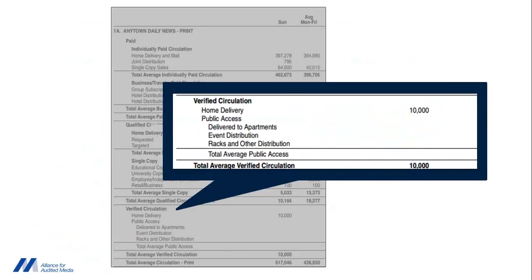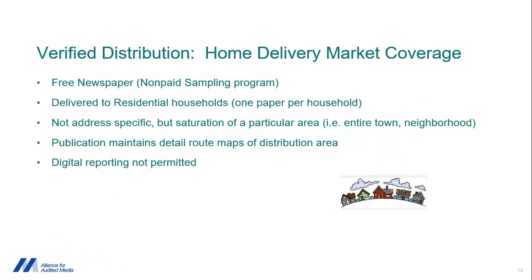The next level of non-paid distribution, the second tier, is verified circulation. In this instance, there's not as much information known about the end consumer, so it is categorized as verified circulation. The most popular category for verified distribution is home delivery market coverage. What this is, it's a sampling program, very similar to your requested targeted program, but in this instance, the consumer didn't request it.